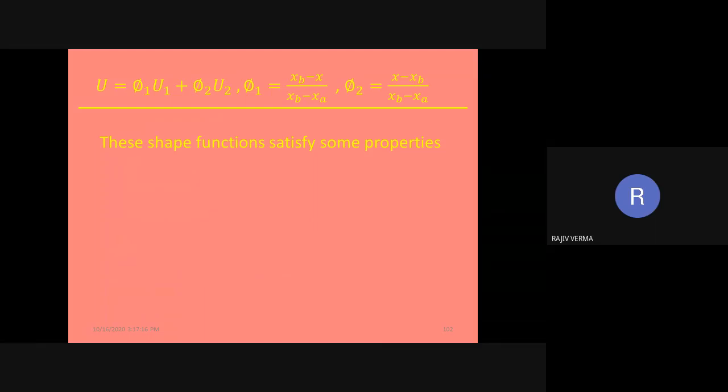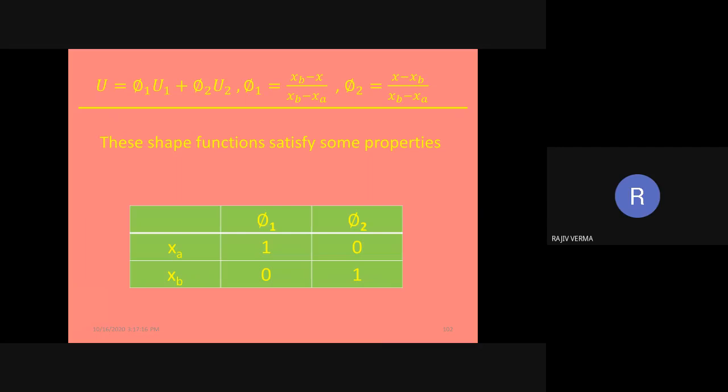Now, these shape functions are supposed to satisfy some properties. The two shape functions which we have developed so far are supposed to satisfy some properties, and the properties have been given in a tabular form.